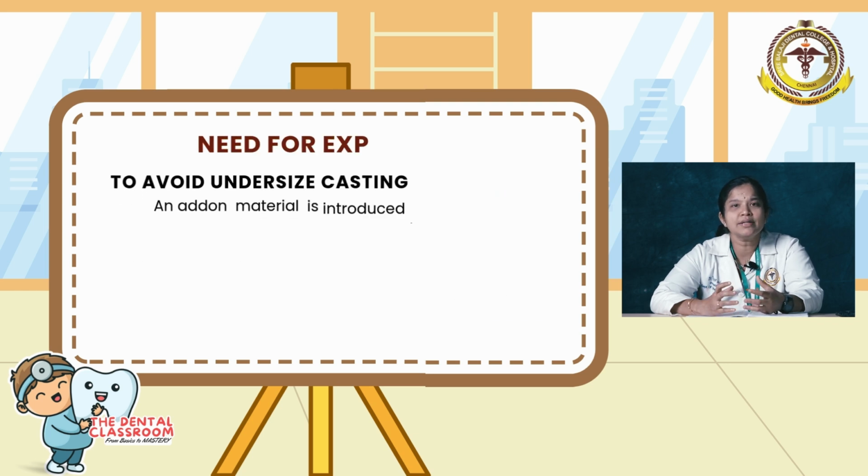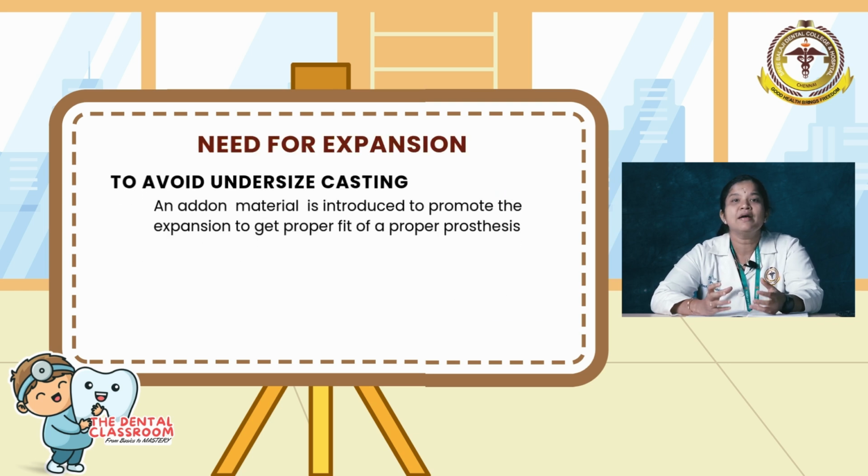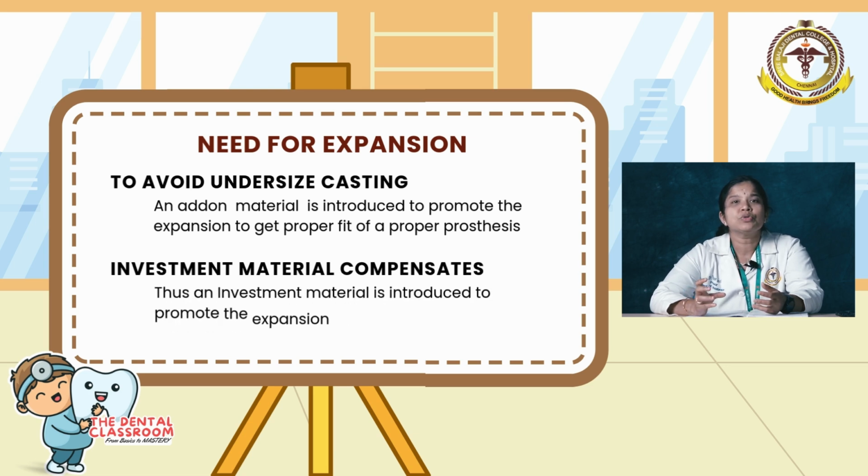So to avoid this undersized casting, we need some material which promotes expansion so that you get a proper fit of the desired prosthesis you fabricate. So this investment material promotes expansion of the investment to compensate for this shrinkage, that is your wax as well as your metal shrinkage.